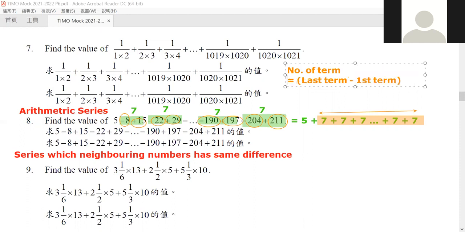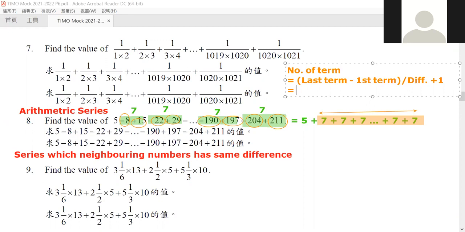Normally we refer to it as the CD, but in here we'll just say it's the difference. Then later on we have to add 1, because we need to count the first term.